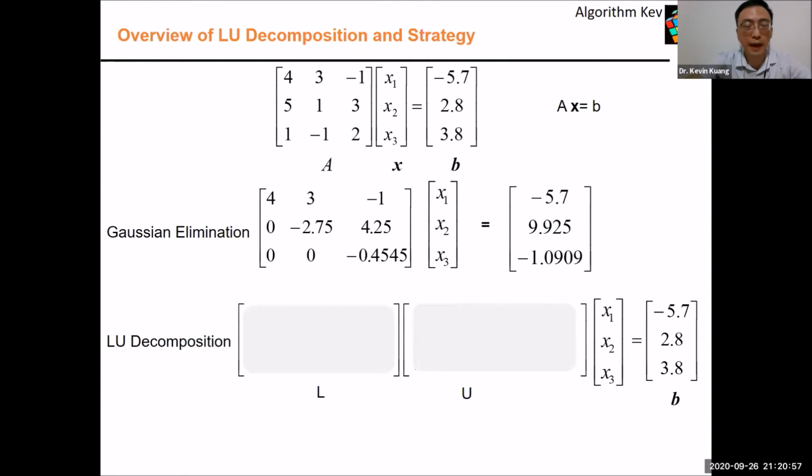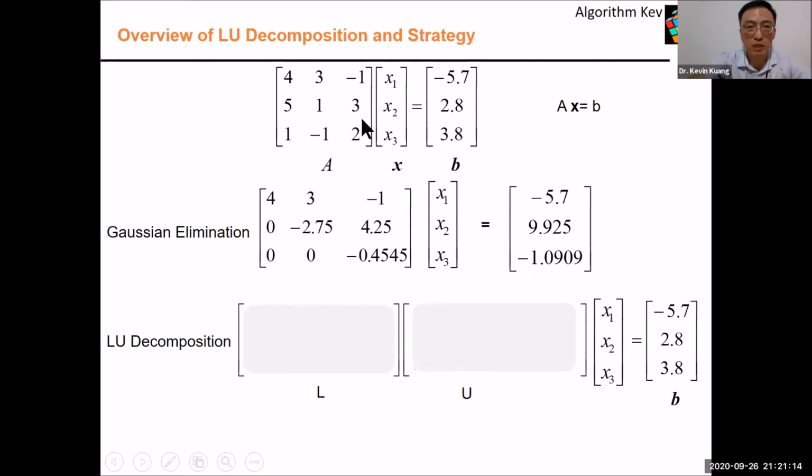Now, when we talk about LU decomposition, what we are trying to do is to factorize a matrix. For example, we have this matrix A: 4, 3, minus 1, 5, 1, 3, 1, minus 1, 2.